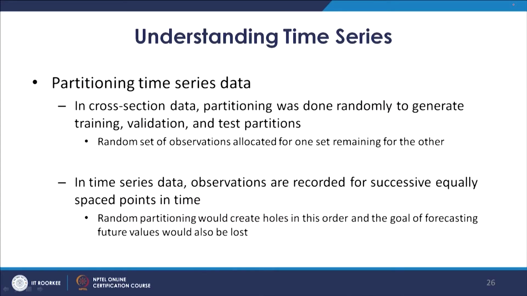However, if we talk about time series data, the observations are recorded for successive equally spaced points in time. If we do random partitioning, it is going to create holes in this order, because all the observations are successively equally spaced points in time. For example, you record GDP value for a particular quarter, then the second quarter, and so on.